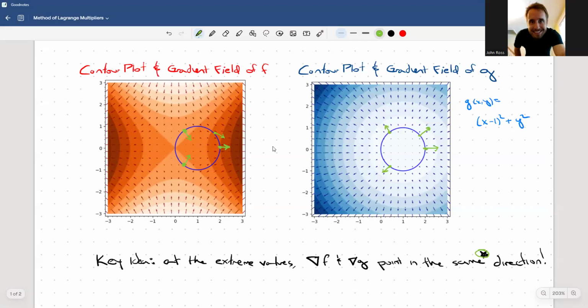So when I say same, what I really mean is in a parallel direction, either the same or opposite. So I'll say same or opposite, but these are parallel vectors.